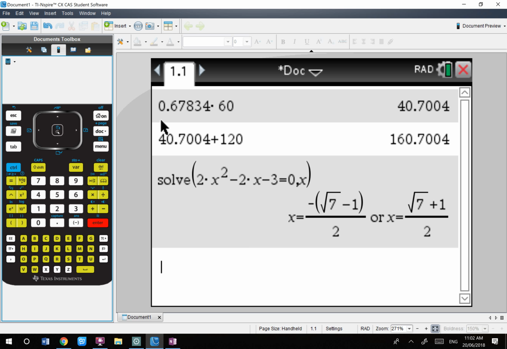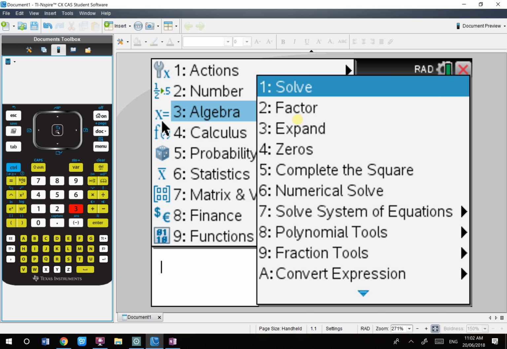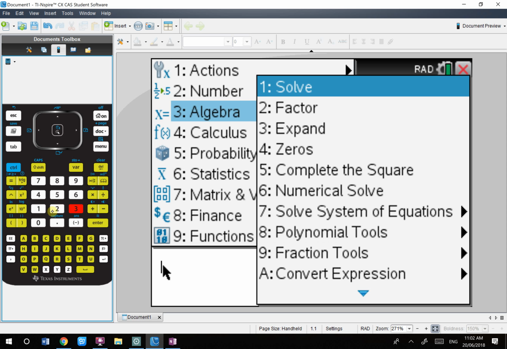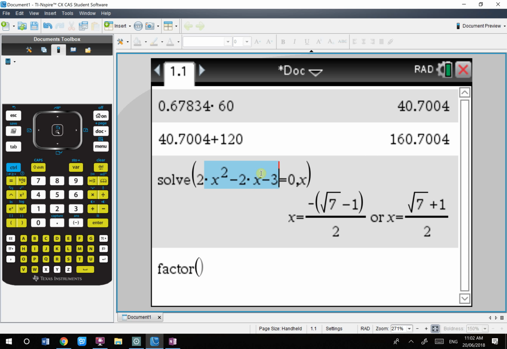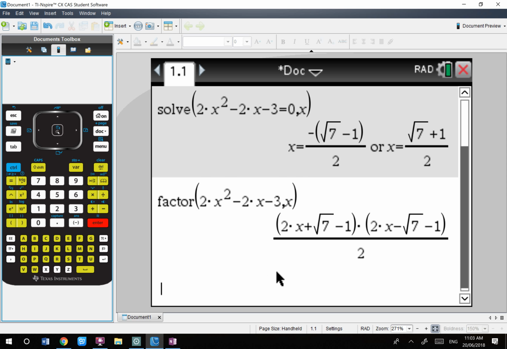That's the first method. Or I can go Menu 3, algebra, and then factor. Menu 3 and 2. I can type the same thing in. Do not include the comma 0. Just type the function in and press comma x to indicate the variable, then press enter.